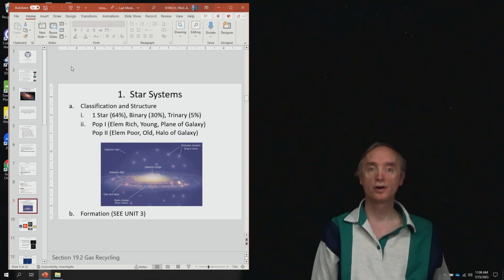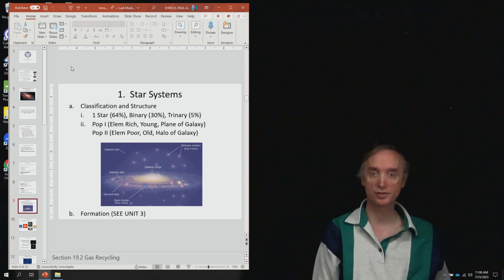Alright, so we're going to start off with star systems, and you need to know the difference between a population 1 type star and a population 2 type star. Population 2 type stars are the original stars that formed after the Big Bang.